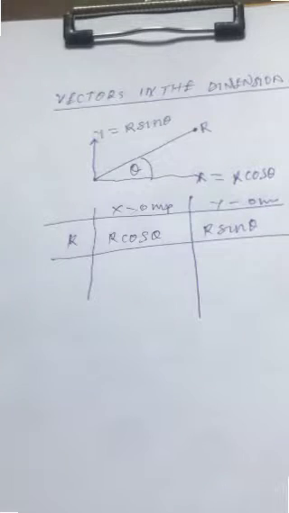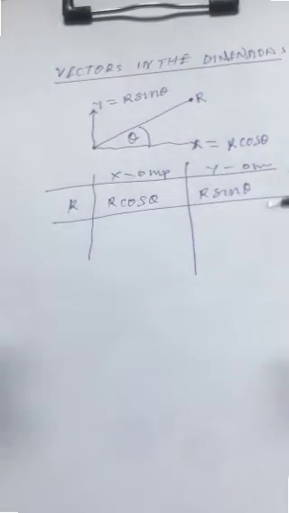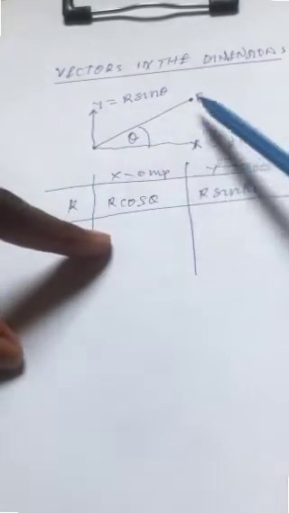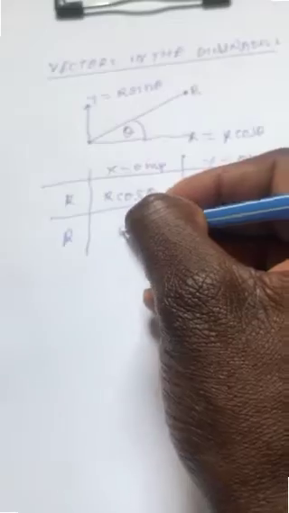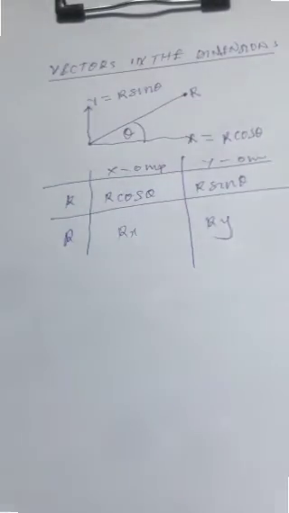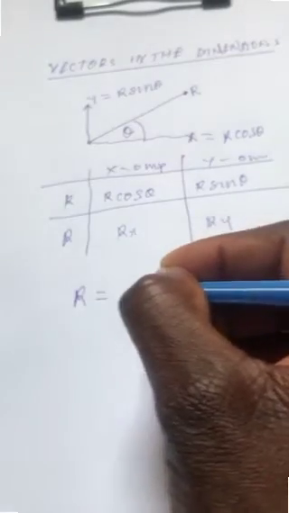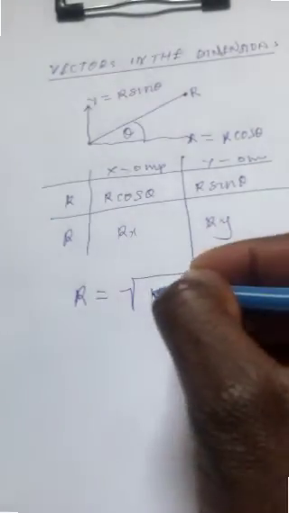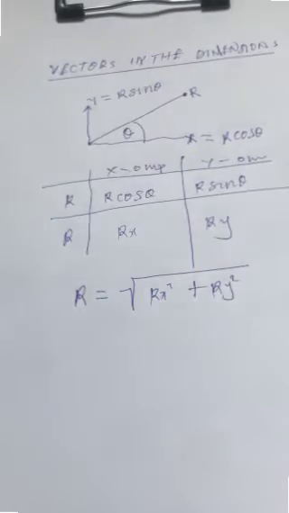If they ask you for the resultant, or the magnitude, we say r. You can have rx, then ry, depending on the number of vectors that you have. To find the resultant, we use this formula, which is the root of rx square plus ry square.